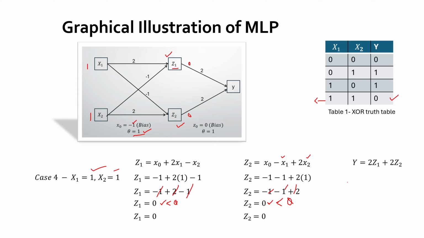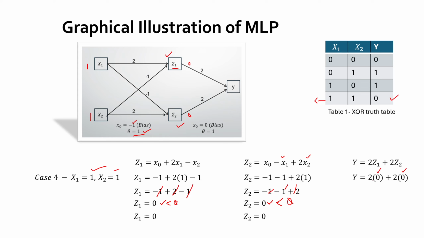Further, when the output values generated by the neurons Z1 and Z2 are passed on, they will be multiplied with the weights going to the neuron Y. The weighted summation at the neuron Y is calculated as 2 of Z1 plus 2 of Z2, where Z1 has produced an output value of 0 and Z2 also.